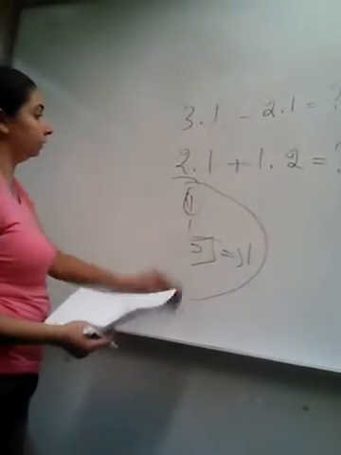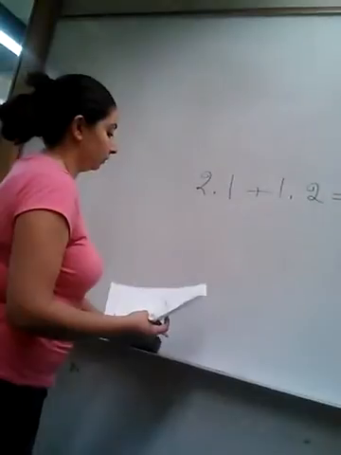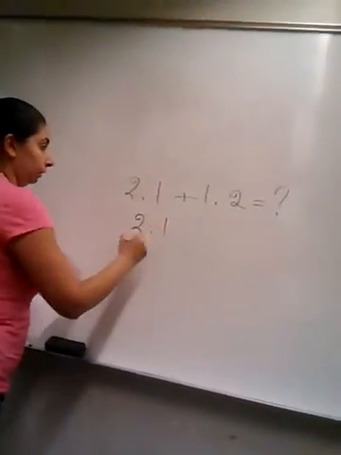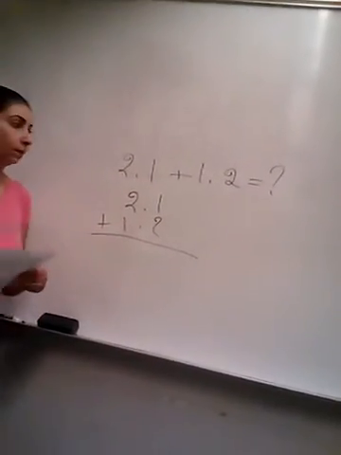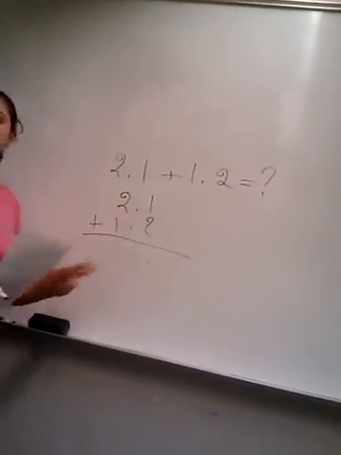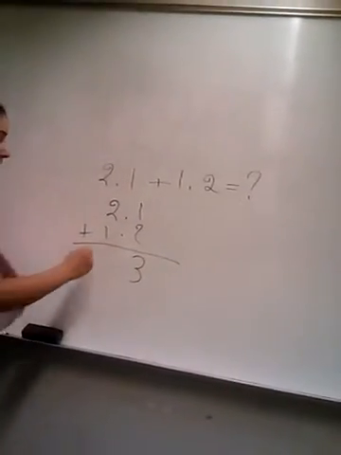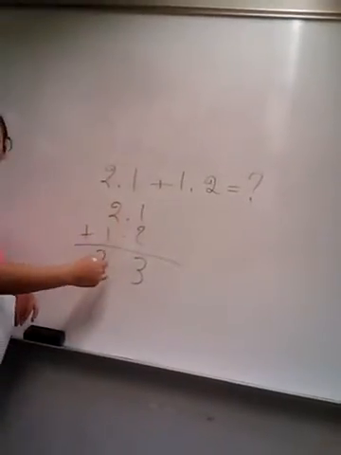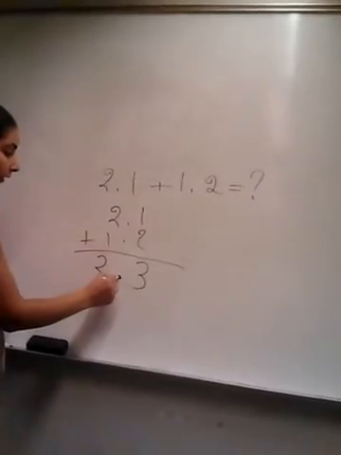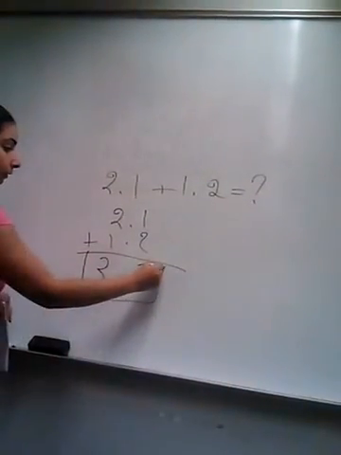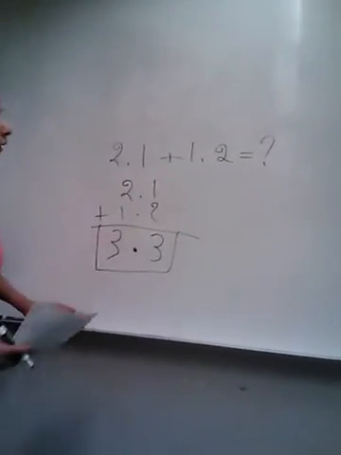We're going to do the second example, 2.1 plus 1.2. 1 plus 2 is 3, 2 plus 1 is 3. We drop the dot, so we get 3.3. Any question? Okay.